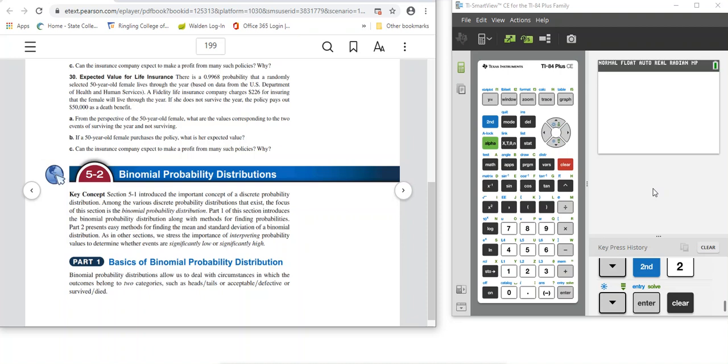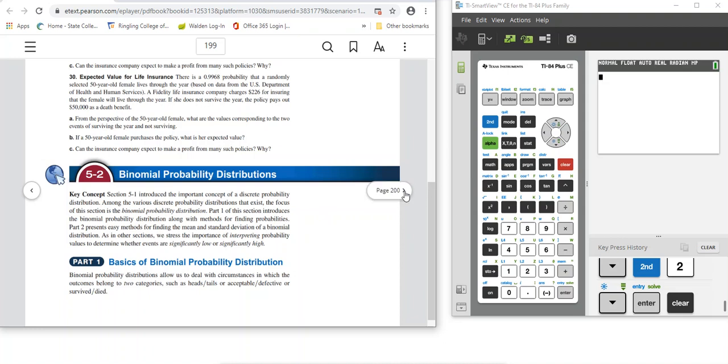And so it's very popular. And so it's a good discrete distribution to talk about. But again, remember, it's only one of many. And what we want to do is just kind of take a quick look at it. Now, there is a formula that goes with the binomial.